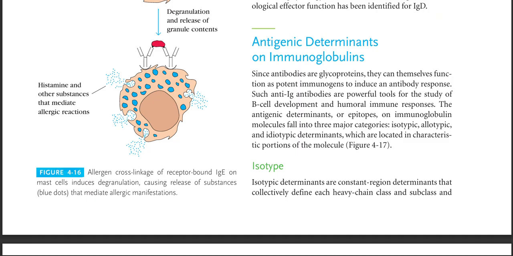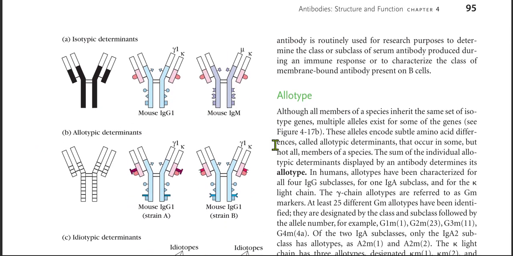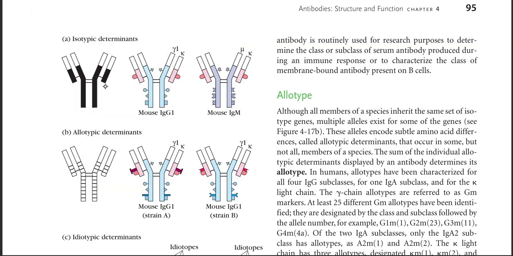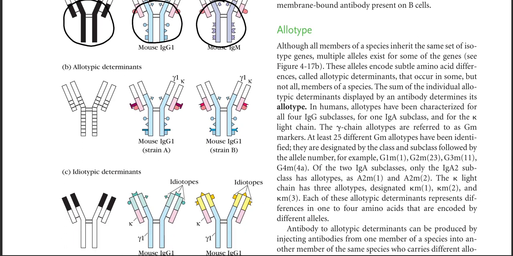With the help of the diagram also we can understand, as I was telling here. The isotypic determinants will be in the way that there will be changes in the constant region of either the heavy chain or the light chain. Then the allotypic determinants will be basically because of the different alleles of the same gene. That's why we are talking about allotypes.